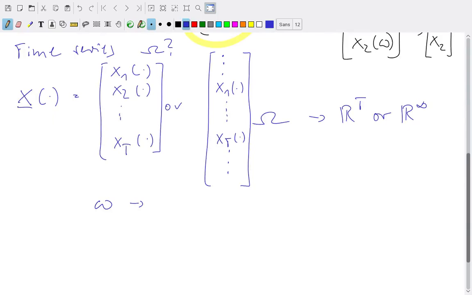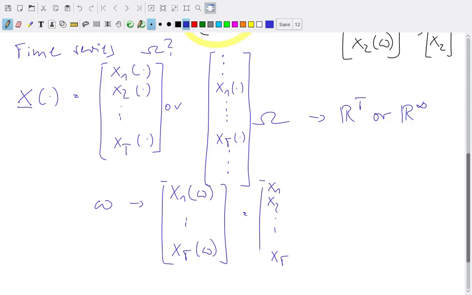We take this, evaluate X1 at omega, evaluate XT at omega, and that returns X1, X2, up to XT, which would basically be one realization of the random variables in my stochastic process. This is how we conceive of a sequence of random variables indexed by time.